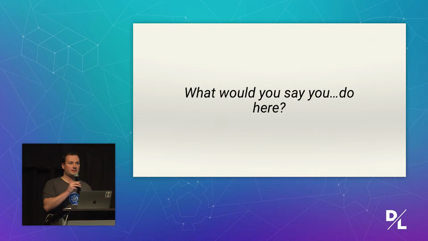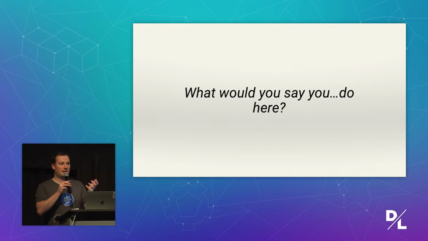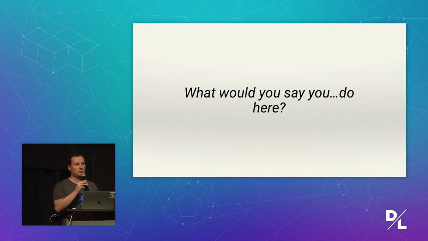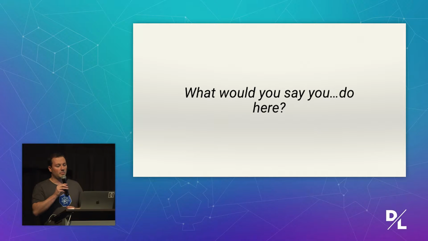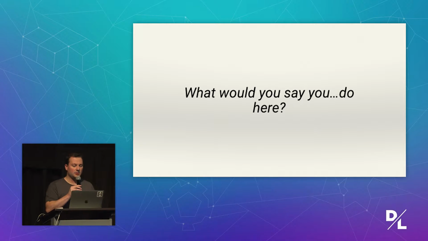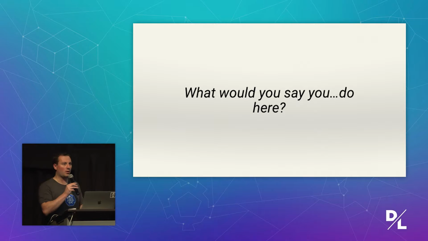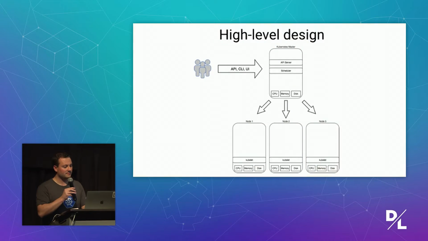If you run Kubernetes, your applications and the configuration that describes the applications in your systems that are running, you can run them on Google's cloud, Microsoft's clouds, Amazon cloud, OpenStack, your own bare metal infrastructure. And this is really, really powerful. The other key piece is extensibility. We have the ability to build on the Kubernetes primitives to create even higher level abstractions that allow us to think about and solve more complex problems. And we'll get to that more later on.